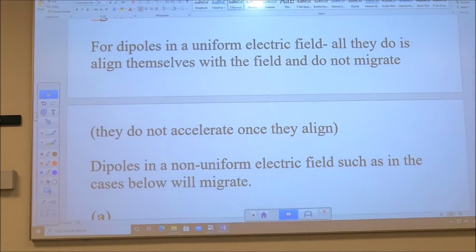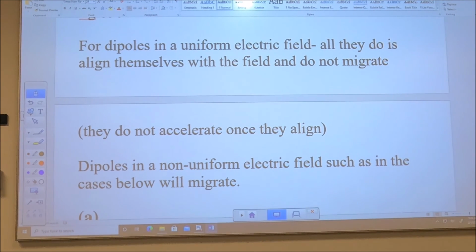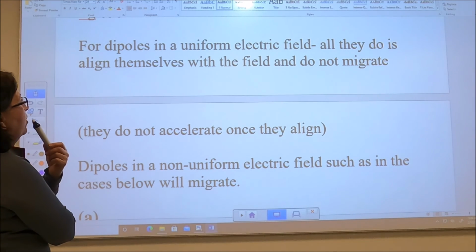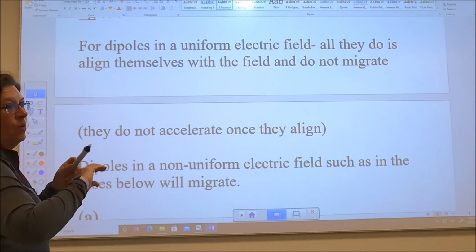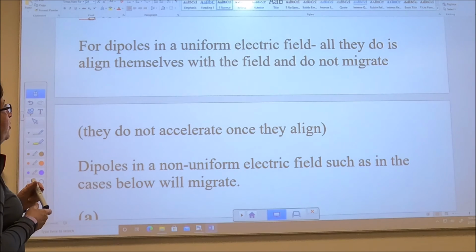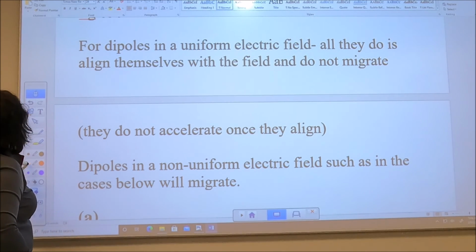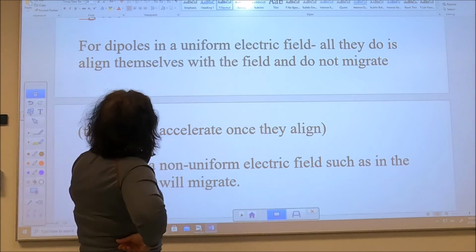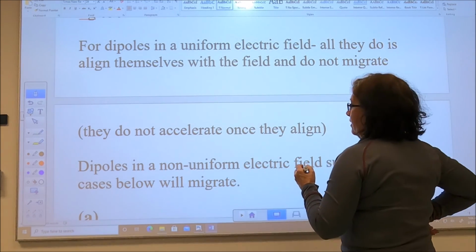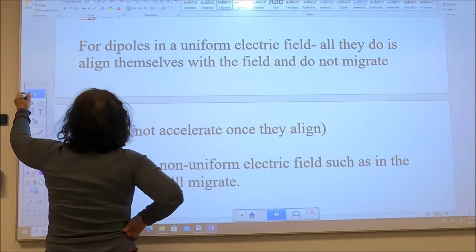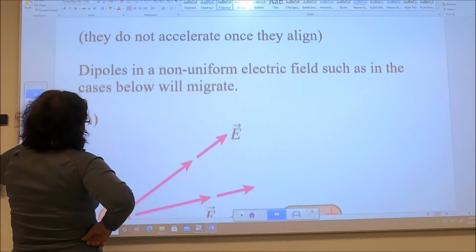Okay, guys, a dipole in a uniform electric field, all they do is they spin and align themselves with the field. So they do not accelerate. Okay?